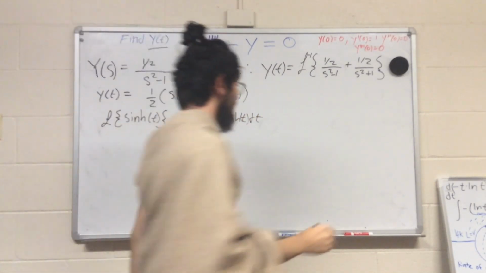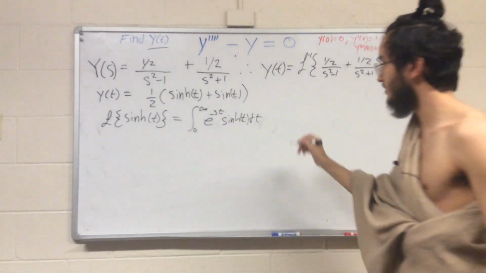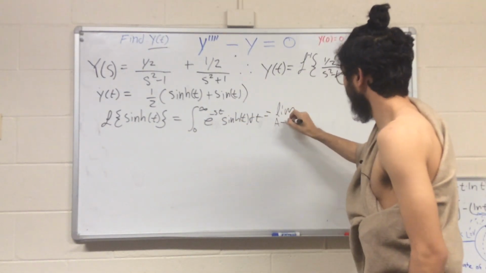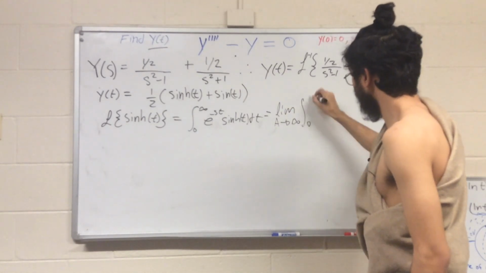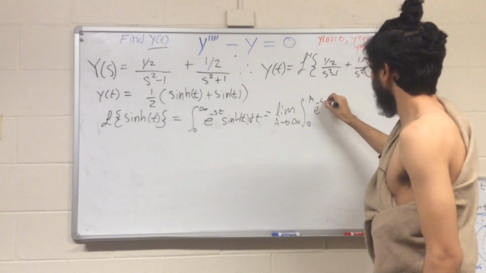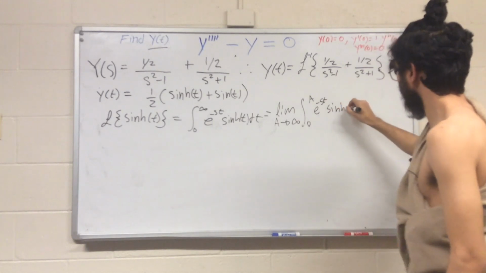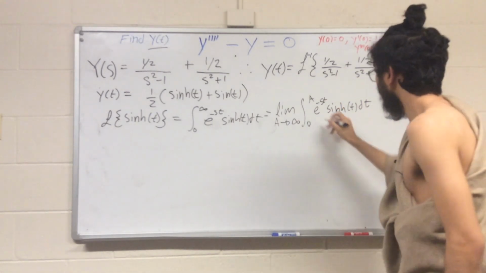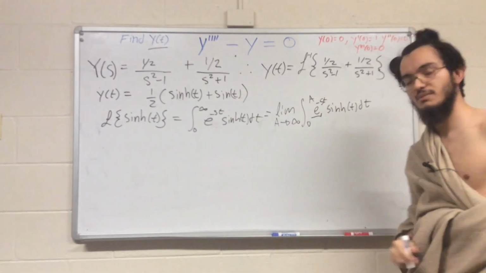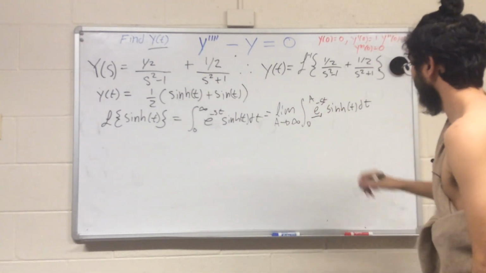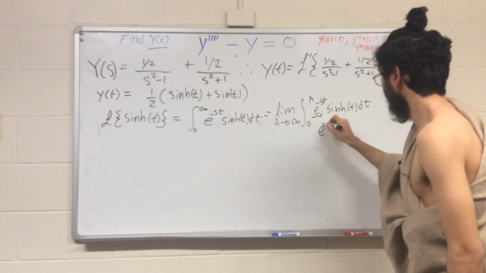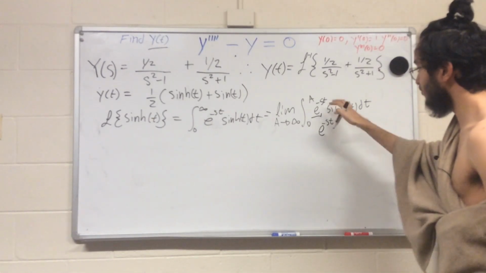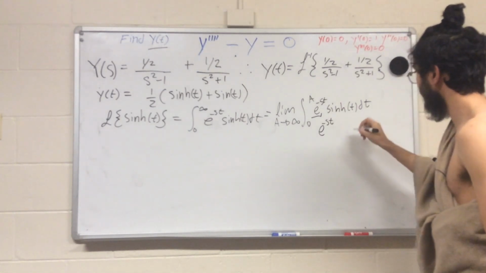And of course, if you are doing an exam, you want to make sure that you rewrite it as a limit: the limit as a goes to infinity of the integral from 0 to a of e to the minus st sinh of t dt. We use integration by parts. We can differentiate e to the minus st, and we can integrate sinh. So we do tabular integration, which is the easier way to do integration by parts, where the differentiation goes to the left and integration on the right.